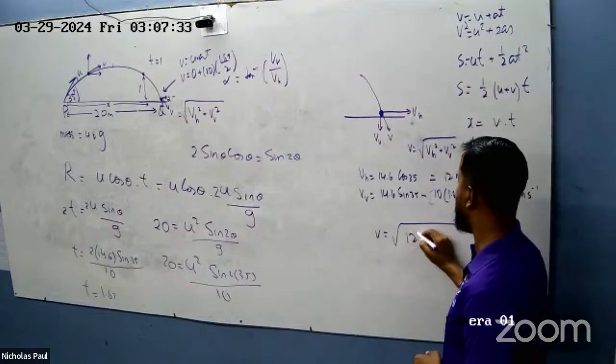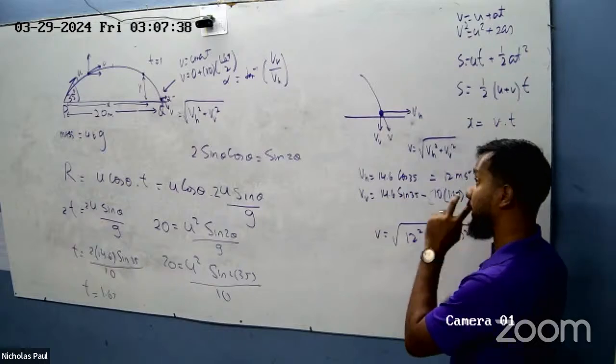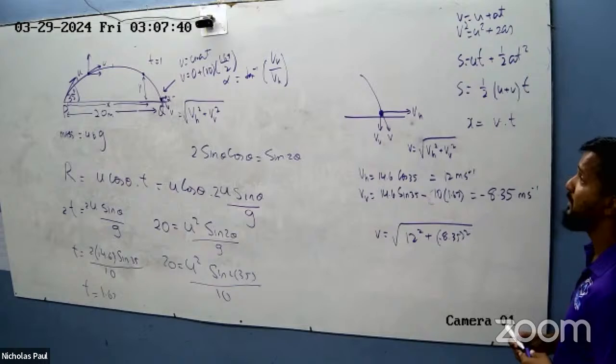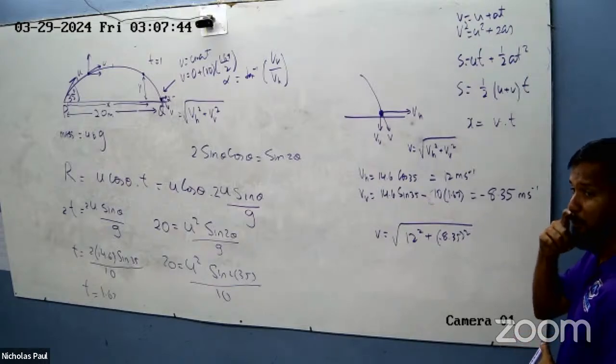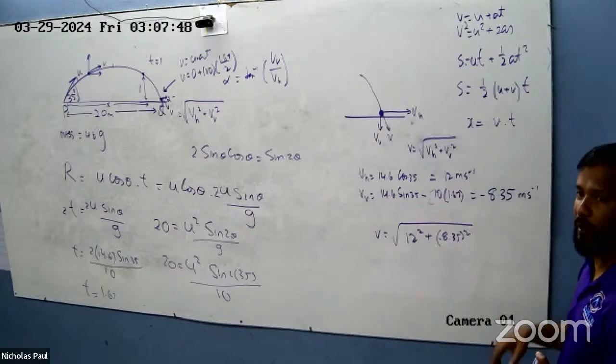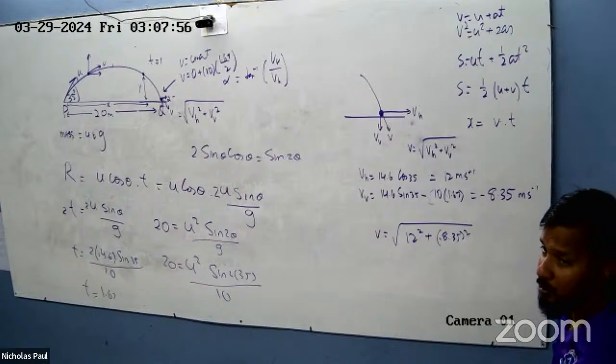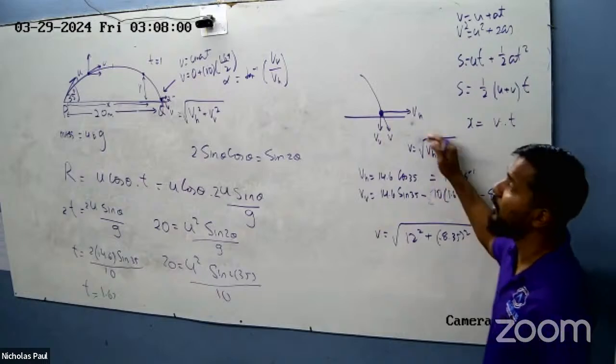So here is 12 squared, and here is minus 8.35 squared. Are you okay with that, Saskia? Y was 11 point something. Saskia, I rubbed it off, right?